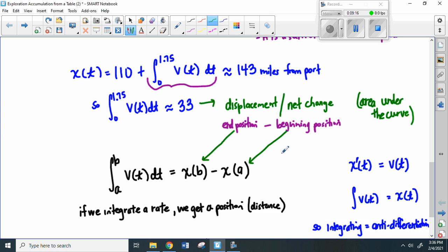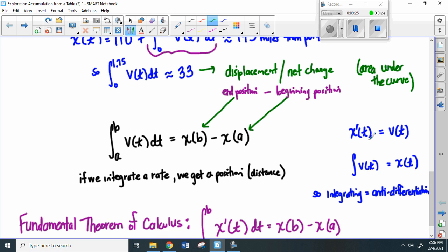So remember, this is displacement. And think about why that works. Think about our connection between velocity and position that we've learned in the past. If you take the derivative of position, you get velocity. And so what this mathematical operation does, if you integrate velocity, it takes you back to position.